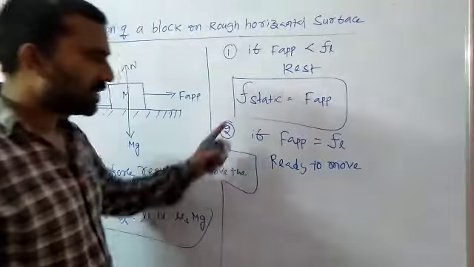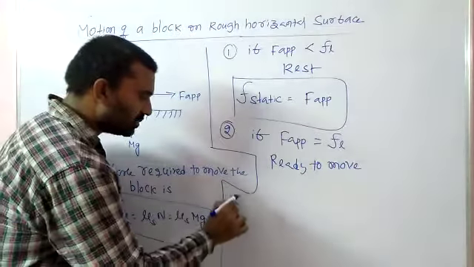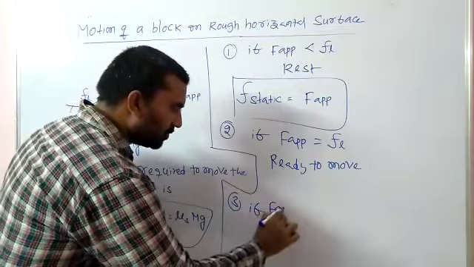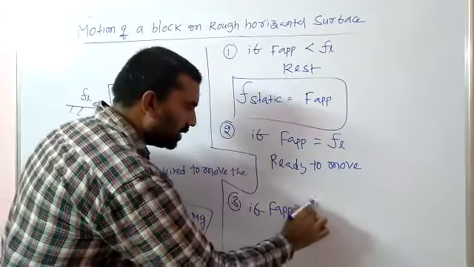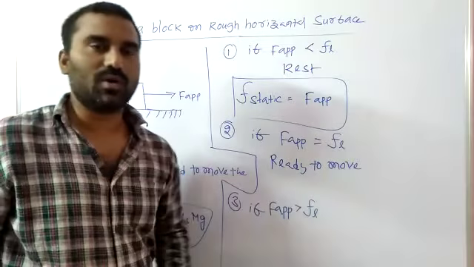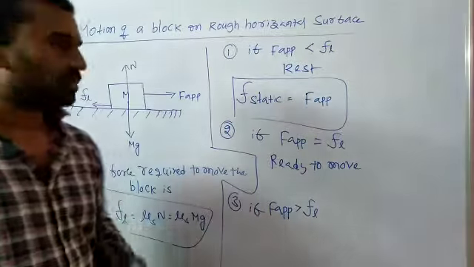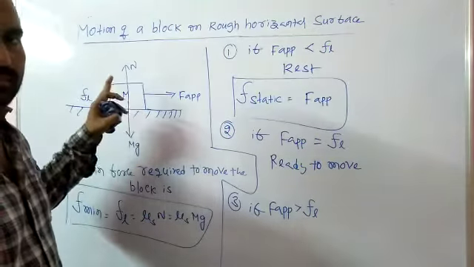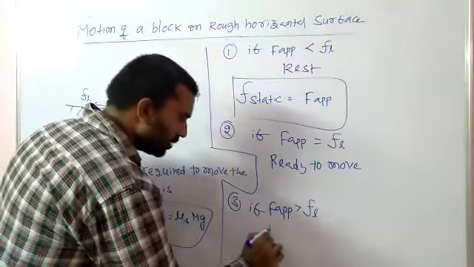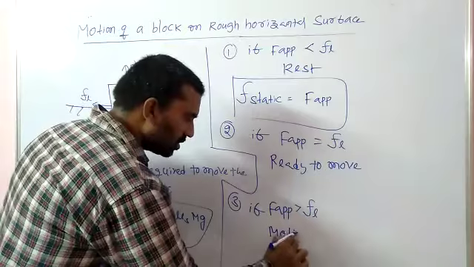That is the second case. Now case 3: if the applied force is greater than limiting friction, what happens? Then the block slides on the ground, then the block is in motion.